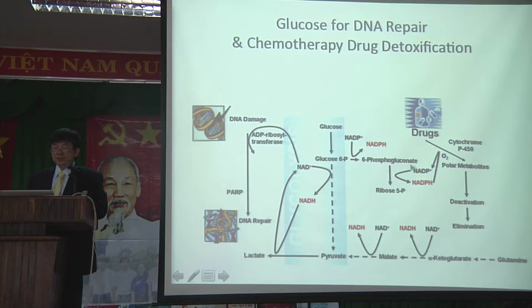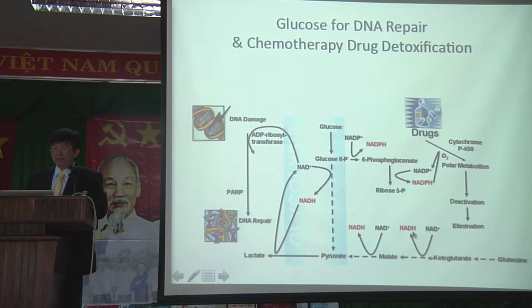Now, in this process, the NADPH is generated by the glycolytic pathway, as well as the metabolism of pyruvate. And the NADPH is generated through the pentose 6-phosphate pathway, coming this way.